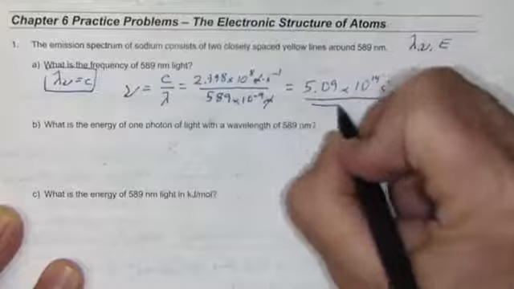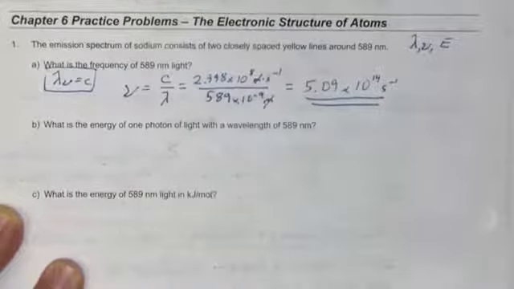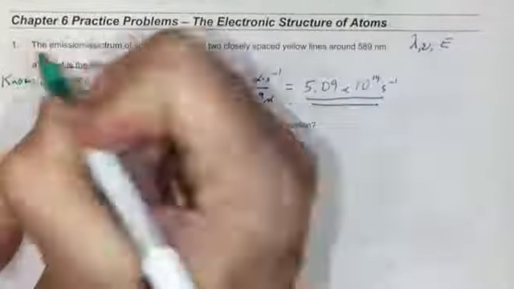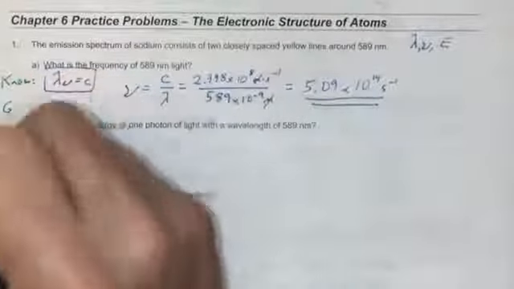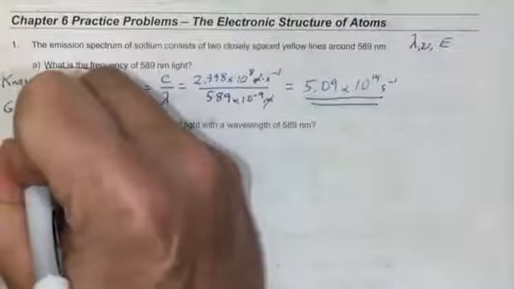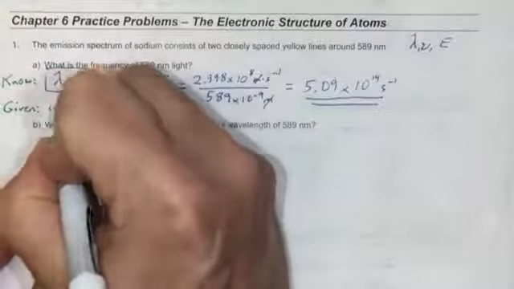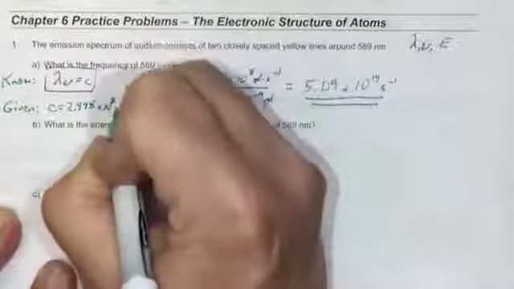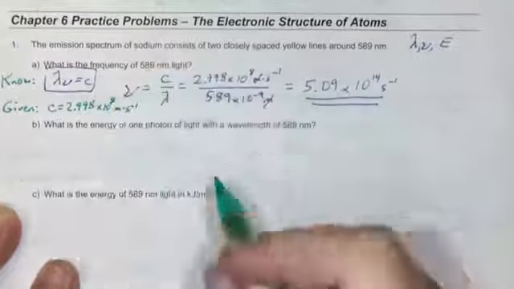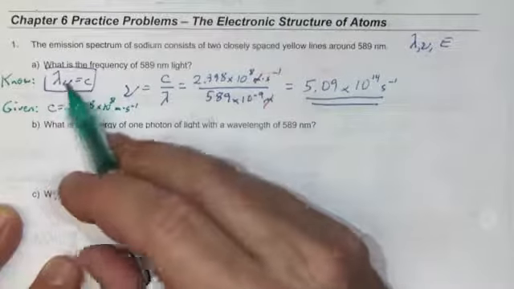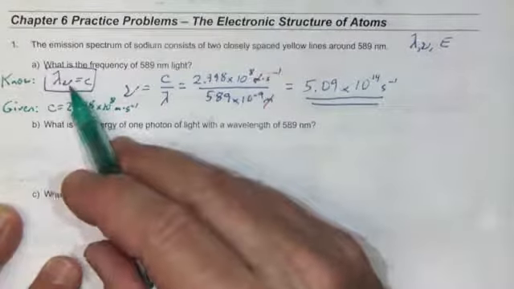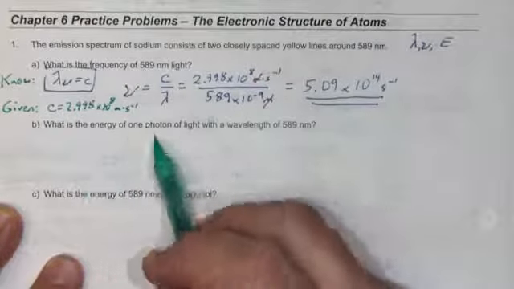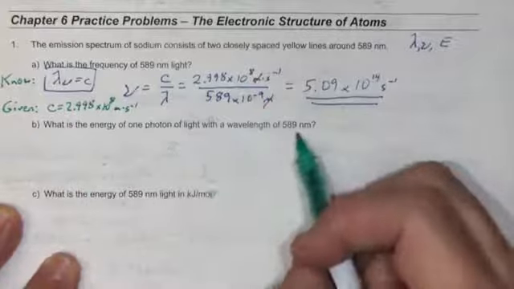Now, I will point out that you need to know this equation that I put in a box, but the constants will be given to you on the front page of the exam. c is equal to 2.998 times 10 to the 8th meters per second. And since you have this equation, if you know wavelength, you can calculate frequency, and if you know frequency, you can calculate wavelength.